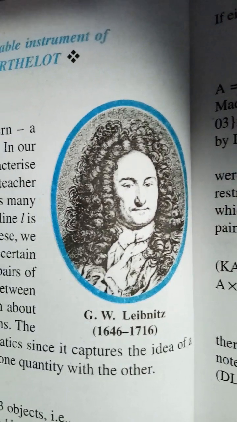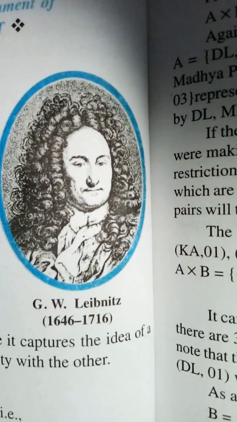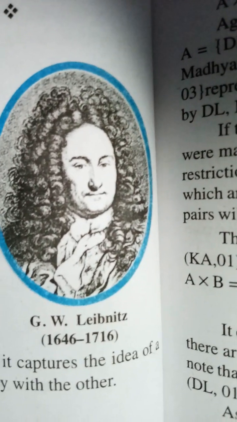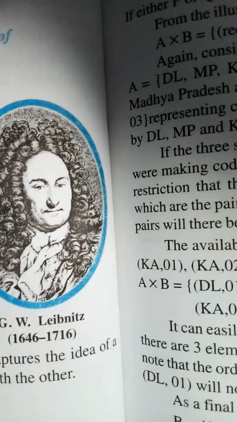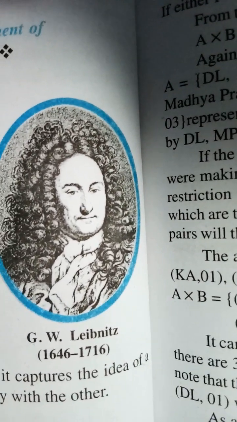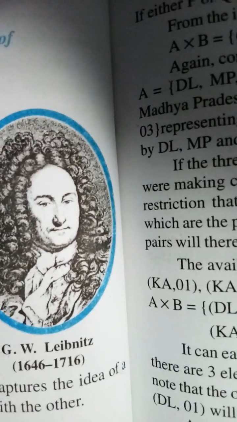Finally, we will learn about special relations which will qualify to be functions. The concept of function is very important in mathematics since it captures the idea of a mathematically precise correspondence of one quantity with others.